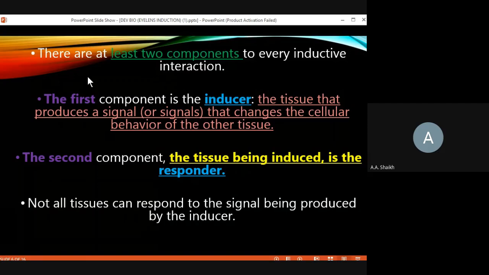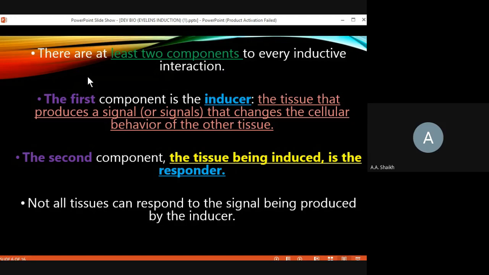There is also a change in migration. All these changes in the cellular behavior of other tissues and cells are carried out with the help of the signals that are released from these inducers.